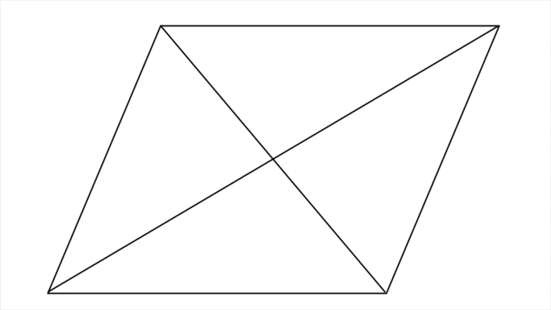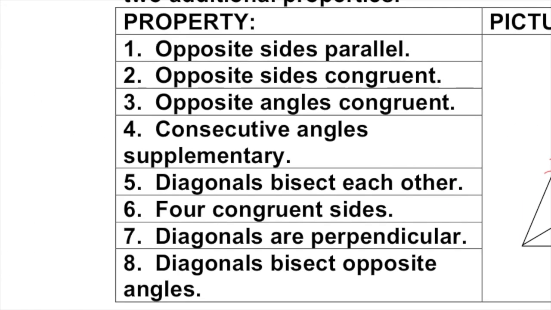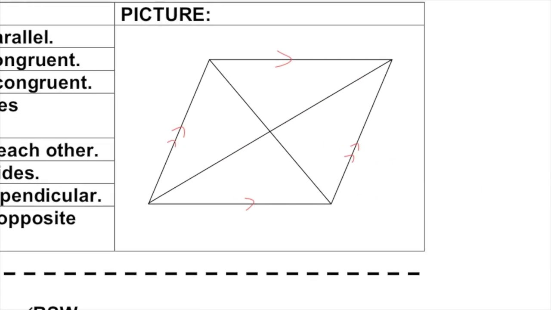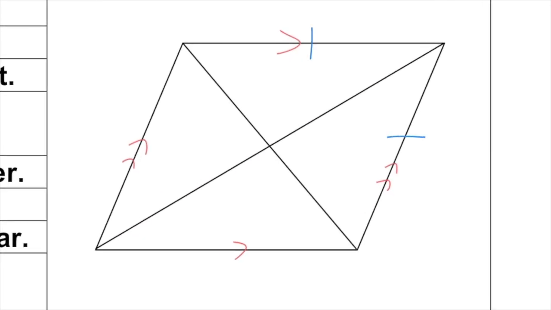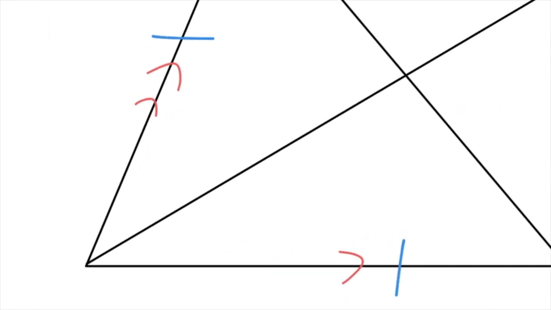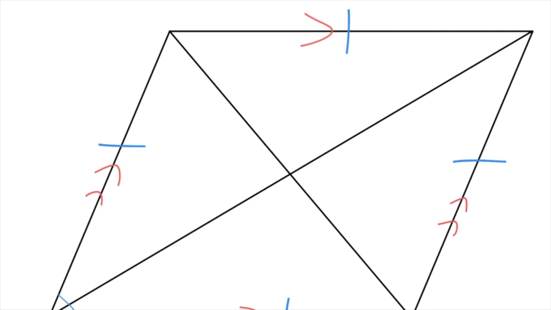The things we already knew. Opposite sides are parallel. We've seen that before. It also says opposite sides are congruent. However, if I look at one of my new ones, I know that it also has 4 congruent sides, so those kind of go together, meaning all 4 sides are congruent. Opposite angles are congruent. So this angle is congruent to this angle, and these angles are also congruent, okay?